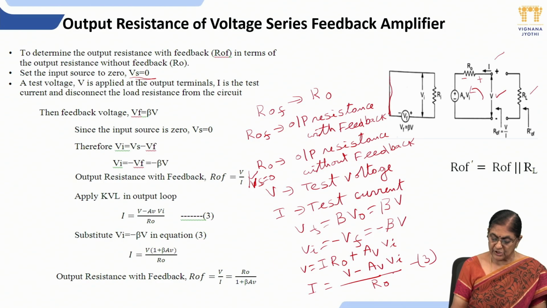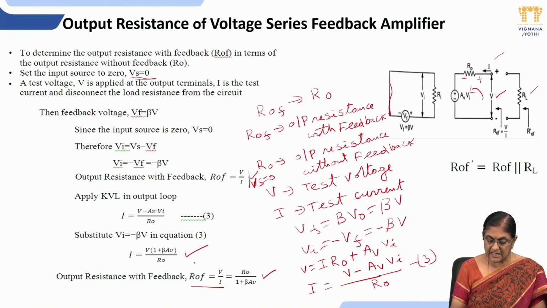Then the above expression becomes I is equal to V into 1 plus beta AV by R naught. So what is the expression for output resistance with feedback? R naught F is equal to V by I, that is equal to R naught by 1 plus beta AV.